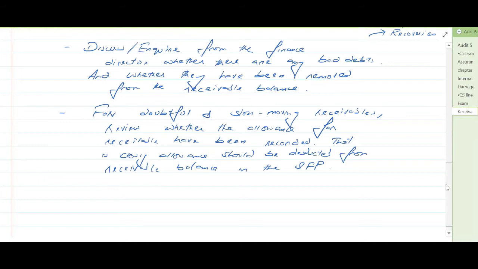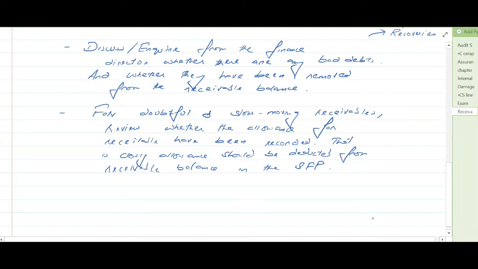We are not sure regarding them that they will not be received, so there is a doubt. That is why we do not remove them from the ledgers. We keep them in the ledgers to trace them, but those receivable balances are directly removed from the statement of financial position. This is based on our earlier accounting knowledge.